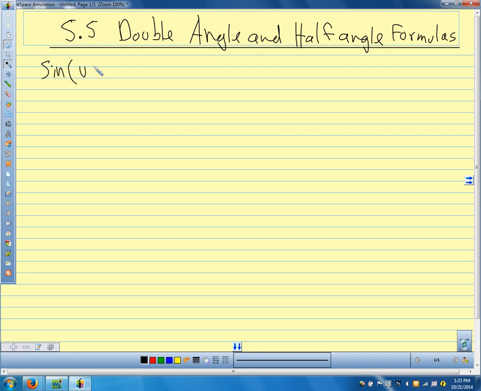All right, so let's start with our sum formula for sine. Sine of u plus v is sine u cosine v plus sine v cosine u. And we want to put the same angle in here twice.